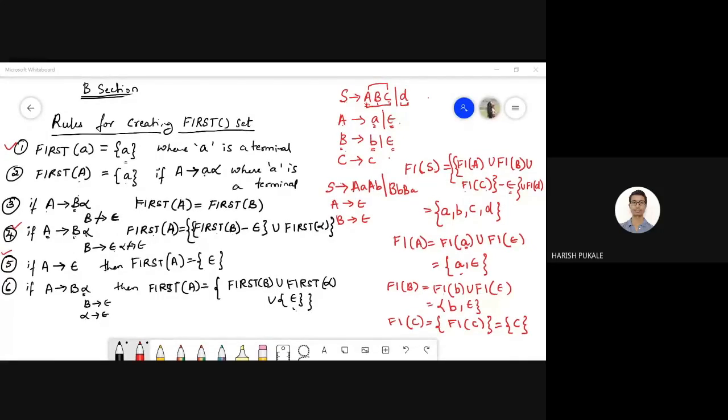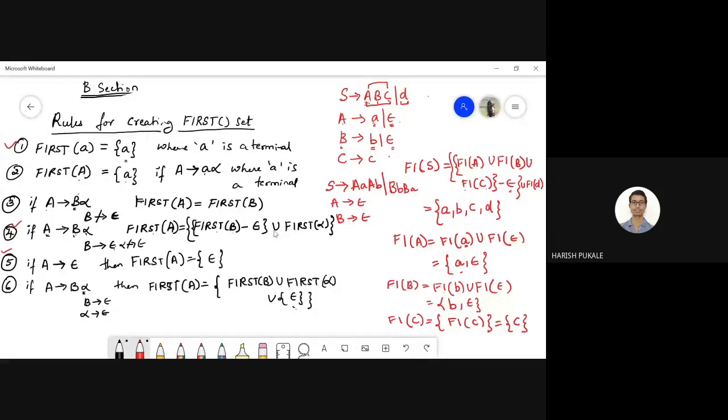First of S is a and b. Is it? First of S is first of A, first of B. First of A is epsilon and first of B is epsilon, but the production is not producing epsilon because you have terminals in between.